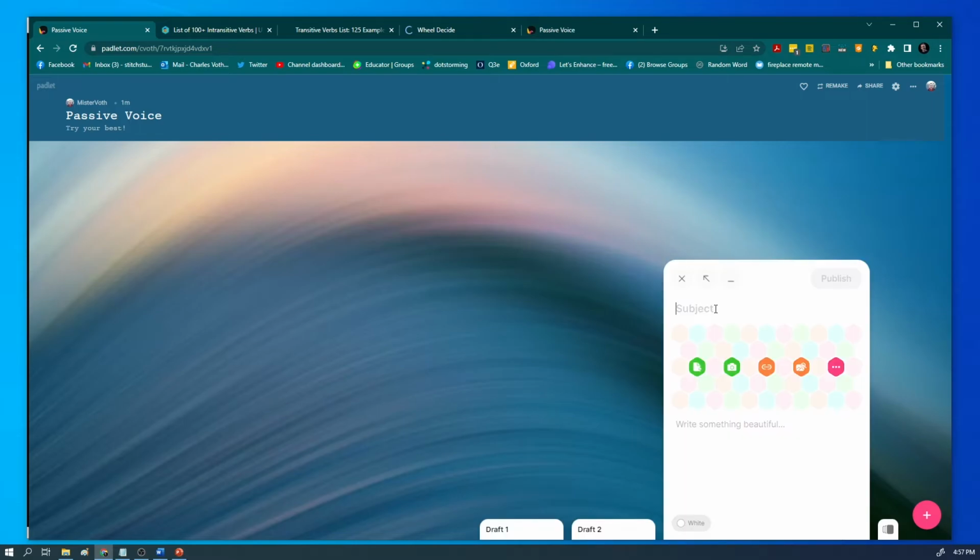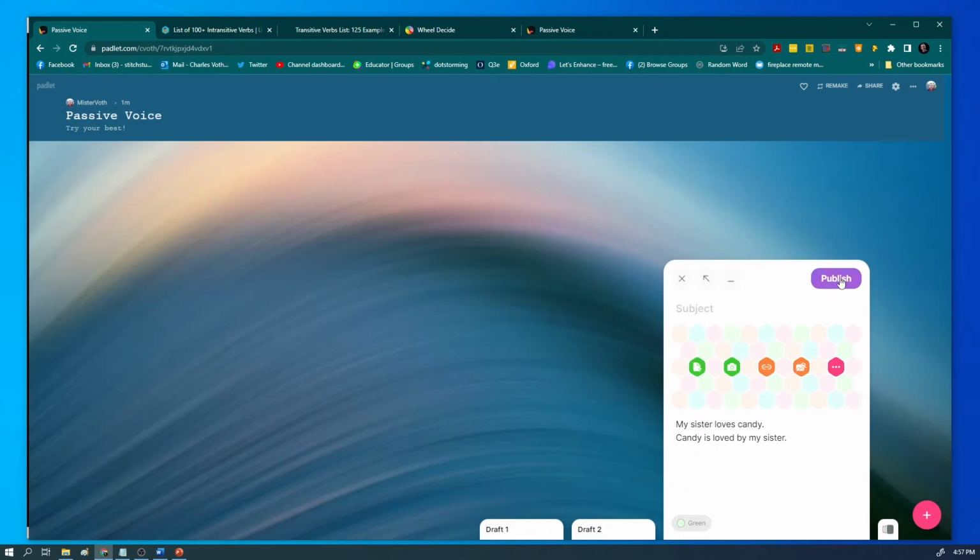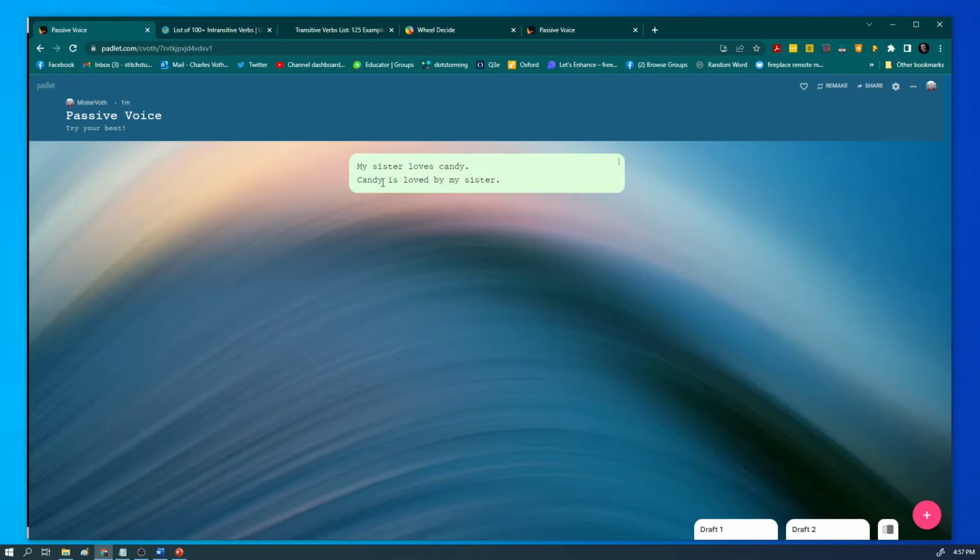So you can leave subject empty, and you can say, my sister loves candy. Candy is loved by my sister, for example. And then if you want to change the color, you can do that and publish. Okay, and then I'll be able to see your sentences here.